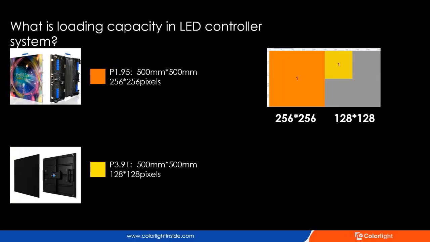They are both 500 by 500. When we do the mapping in the software, as in the picture on your right hand, we just follow the resolution of the cabinet, not the physical size. So for the control system, dimension is not a factor to consider and won't affect the loading capacity. We only focus on the pixels.